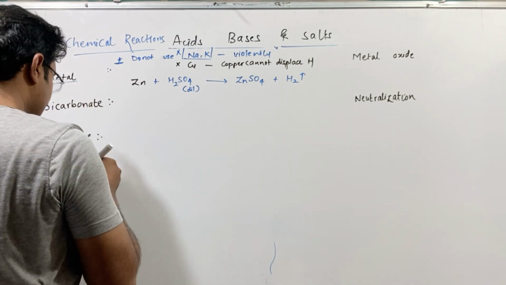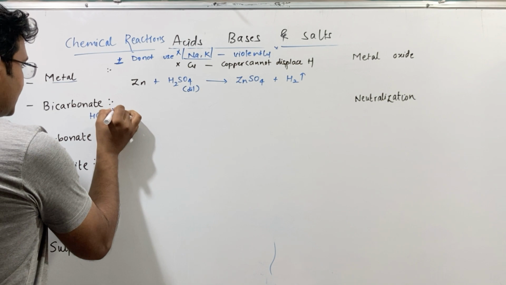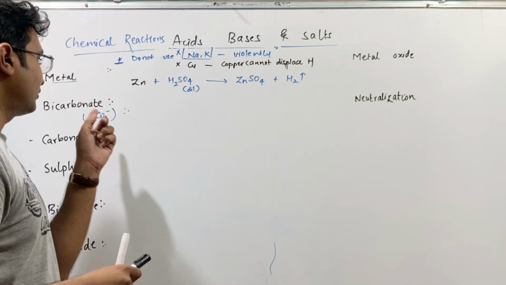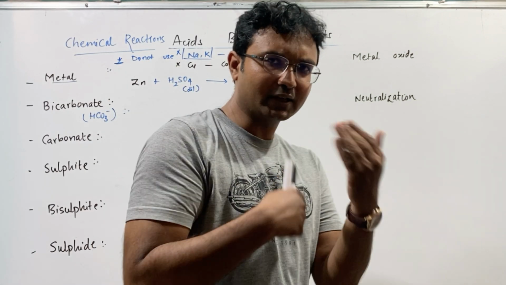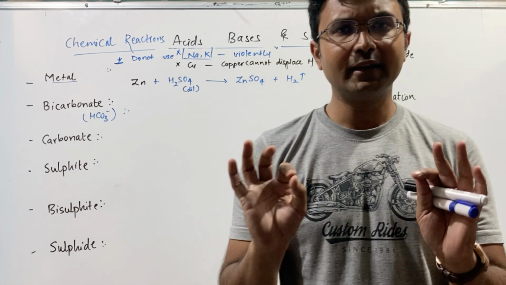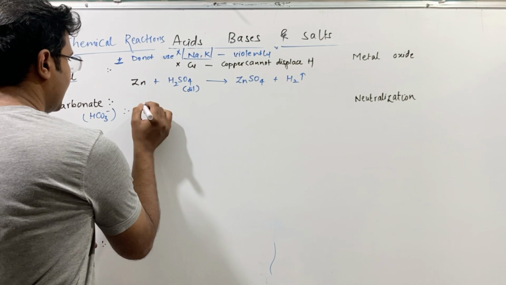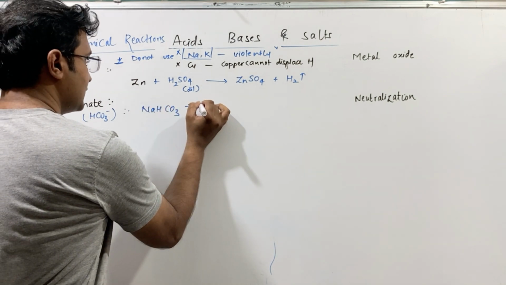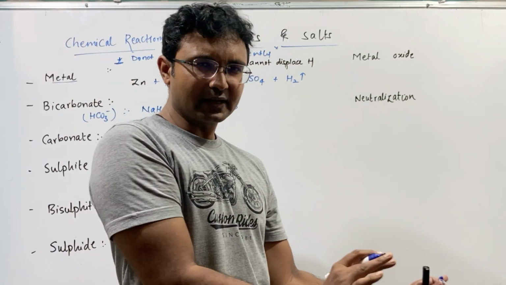Alright. Then bicarbonate. Bicarbonate is HCO3 minus 1. Now always remember, whenever you find CO3 2 minus or HCO3 minus, it always liberates CO2 gas. So if I take NaHCO3 plus HCl, HCl can be dilute, it is always dilute only.